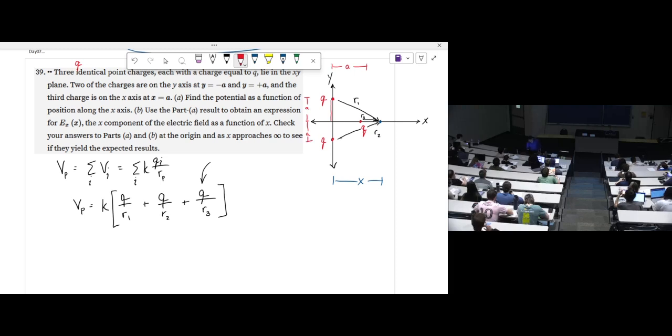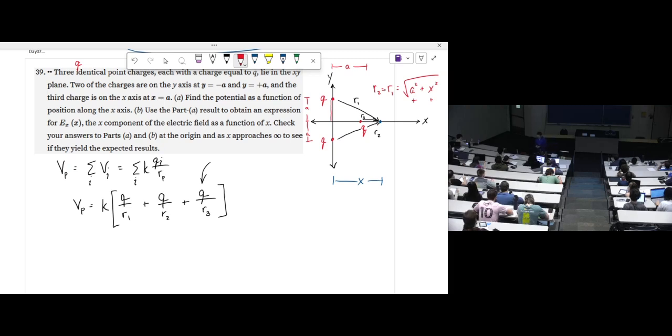So I've got a side of length a and a side of length x, and so R1 is the square root of a squared plus x squared. Now for this problem, even if x becomes negative, if I go along the negative x-axis, I still get that a squared is positive, and no matter what x is, x squared is also positive. I'm taking the square root. So as far as my formulation for R1, and in this case R2, is concerned, that is always a positive quantity.